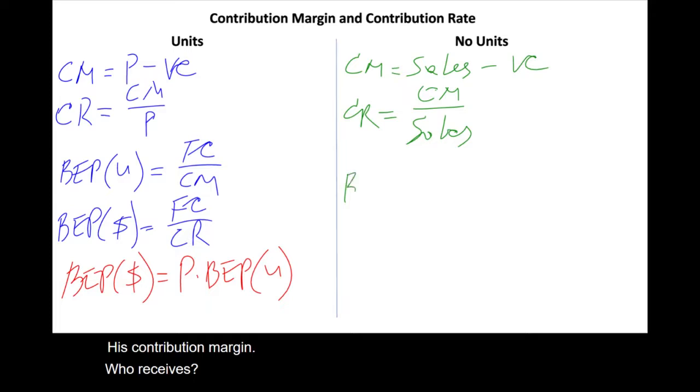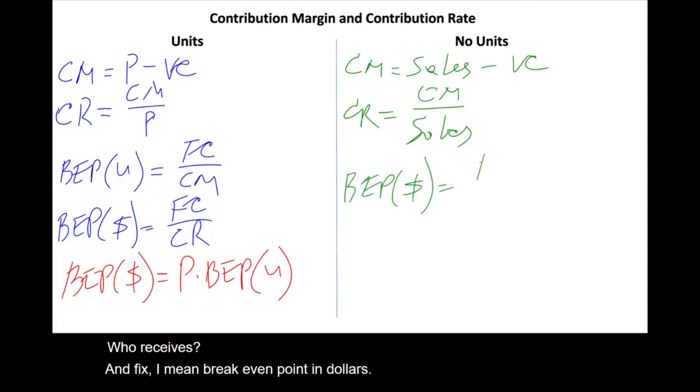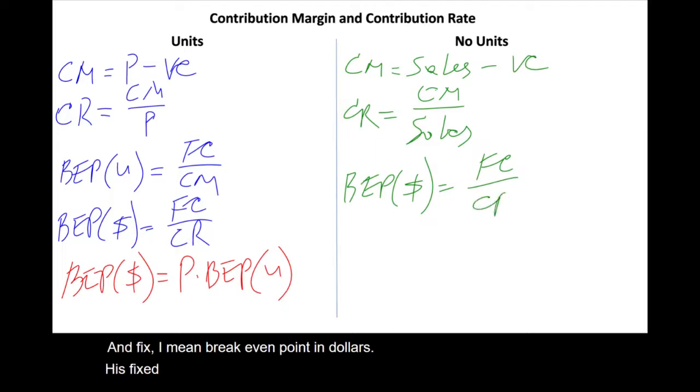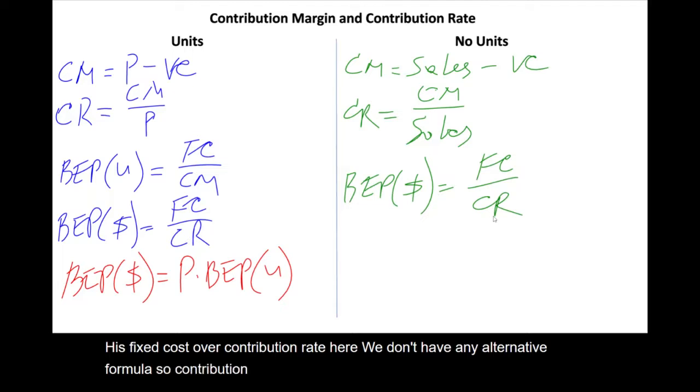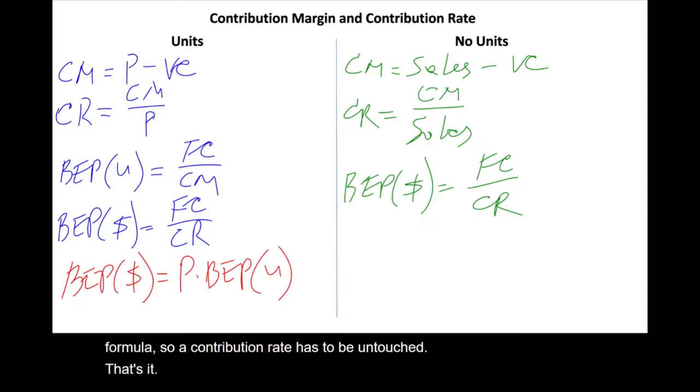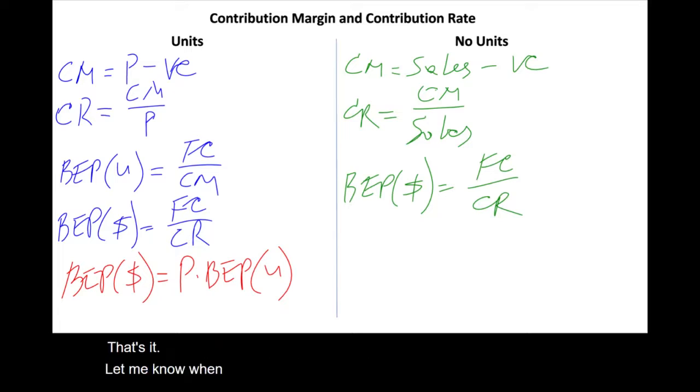And break-even point in dollars is fixed cost over contribution rate. Here we don't have any alternative formula, so the contribution rate has to be untouched. That's it. Let me know when you're ready and we will practice that material.